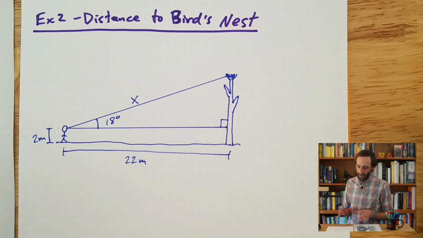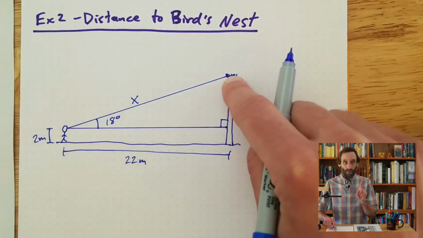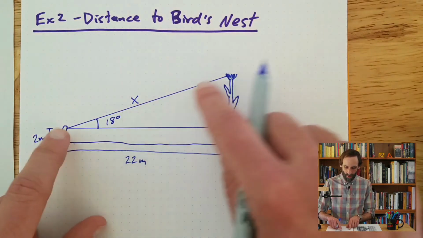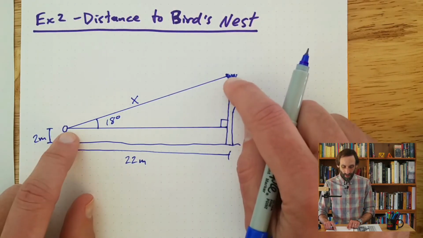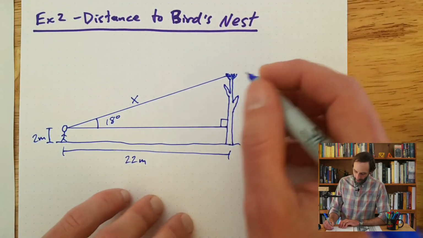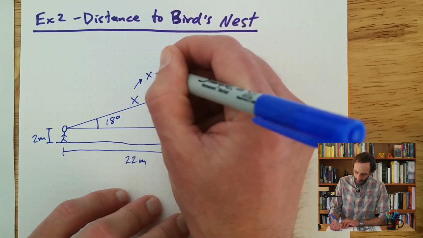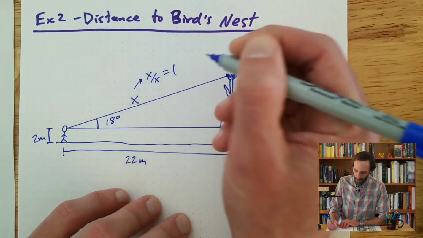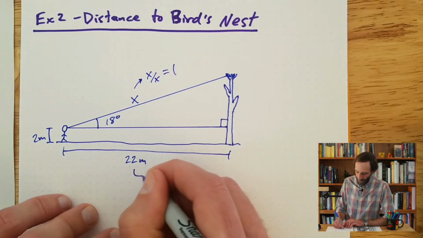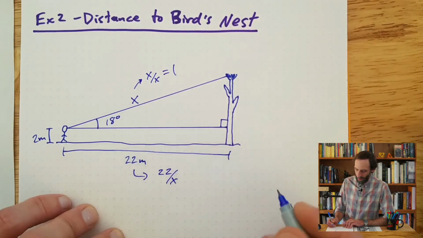A unit right triangle is a triangle in which the hypotenuse has a length of 1 unit. Well, if you divide everything by the length of the hypotenuse, then you're going to get a 1 here. So right here, this becomes x over x, which equals 1. This becomes 22 over x.